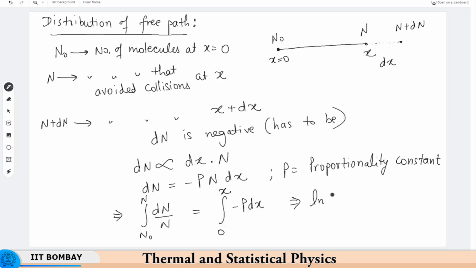So, this becomes log n by n0, which is minus px, and finally we get the relationship: n equals n0 e raised to the power minus px.